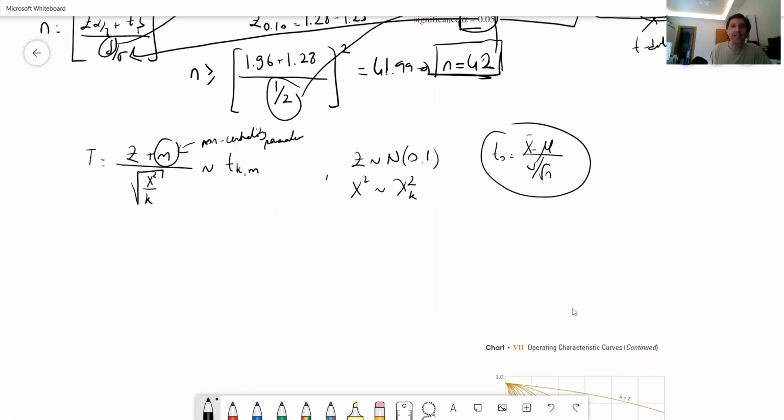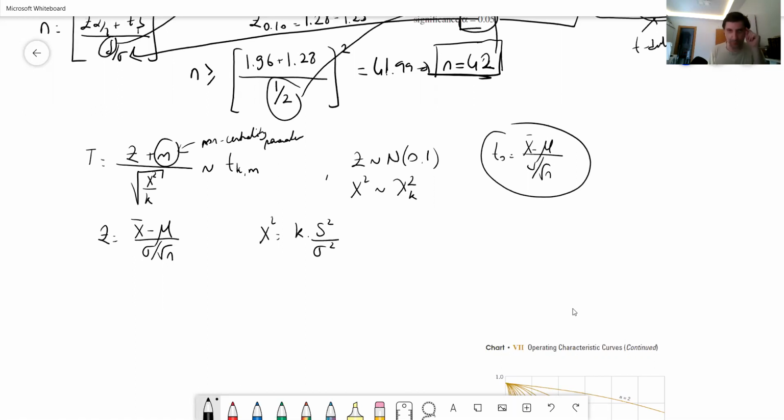So what we call the standard normal distribution is, in terms of a sample mean, going to be (x bar minus mu) divided by the population standard deviation over square root of n. Note that the reason we use t distributions is that we do not know the population variance. And X squared is a chi-square random variable, which is going to be equal to k times s squared over sigma squared.